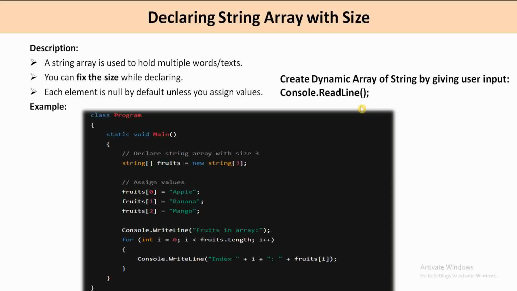We can also do it dynamically. We can provide a dynamic value through the input. Here we set the value for the string array, and here we are initializing it, creating the instance of the new string array, and we are providing 3 values for this one, and with a for loop we can display these values.